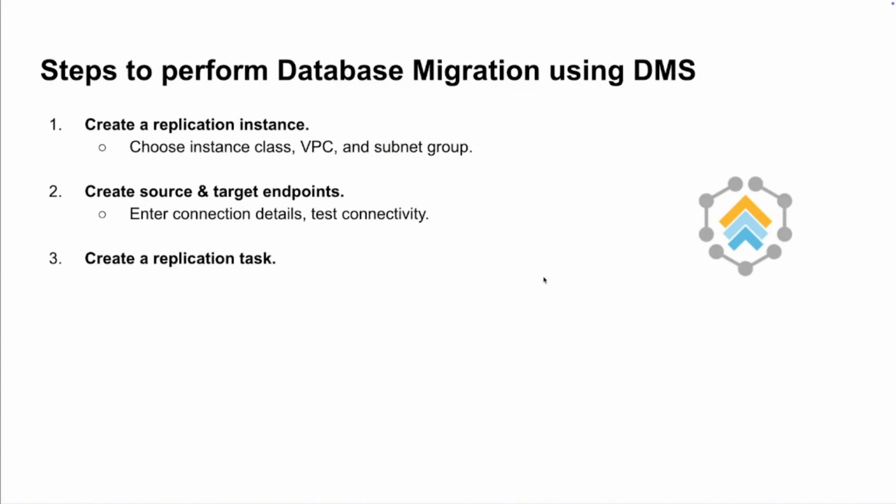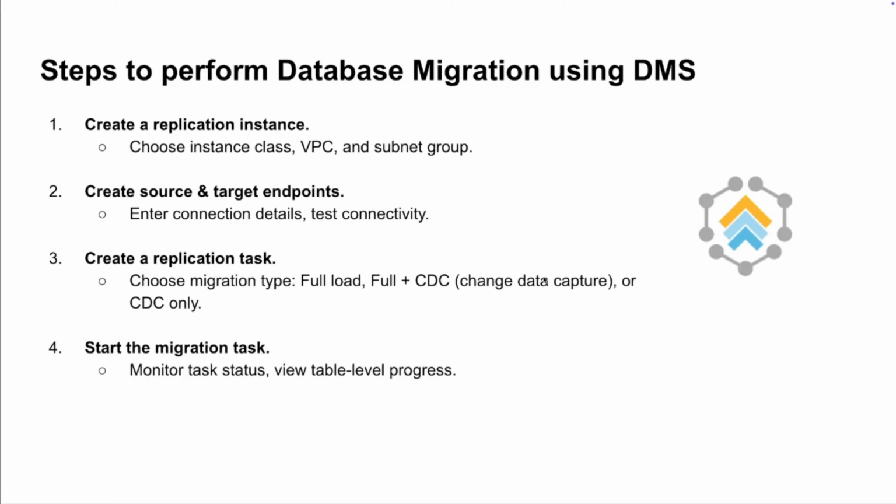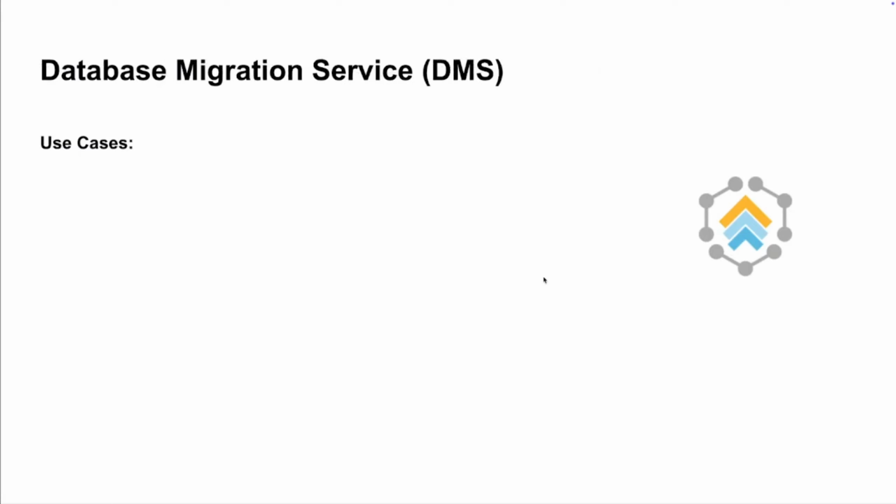So you enter the connection details, test connectivity, create a replication task, which will choose the type, whether it's a full load, change data capture, or what have you. Then you start the migration task. So the steps are pretty simple: create the replication instance, choose source and destination, then create the task itself, then start the migration task.